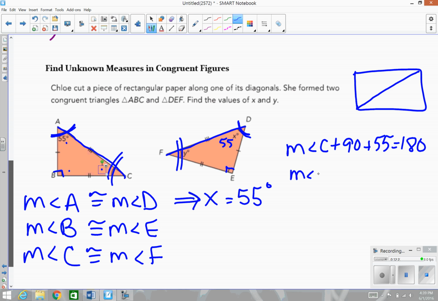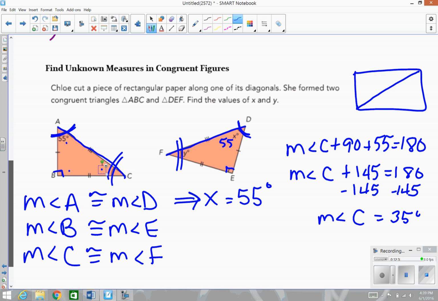So we get the measure of angle C plus 145 equals 180. Subtract, and the measure of angle C equals 35 degrees. And if C is 35, then F must be 35, which means we now have the value of Y is 35 degrees.